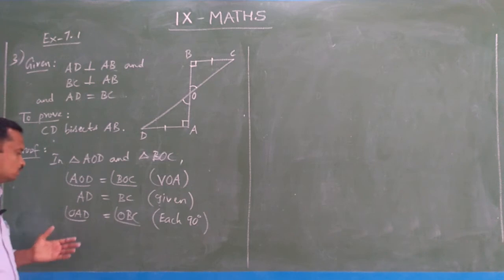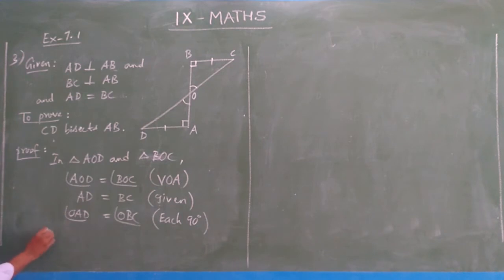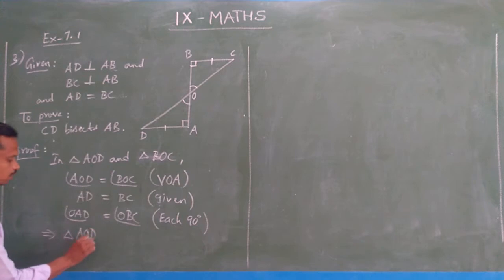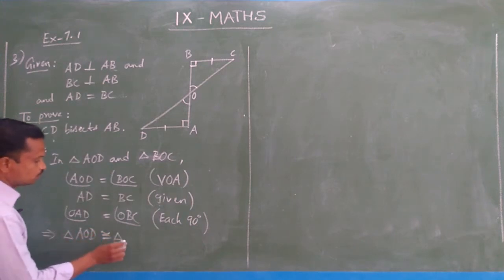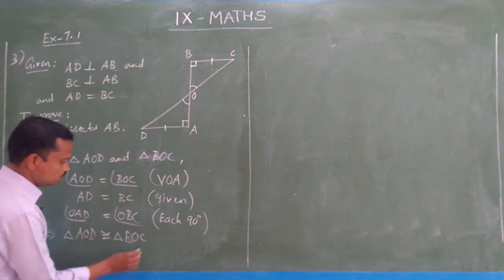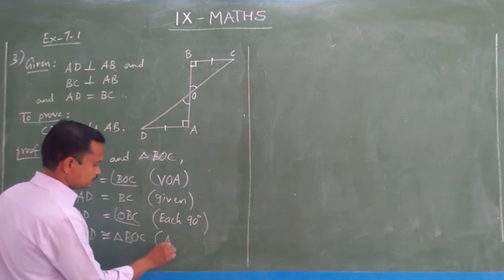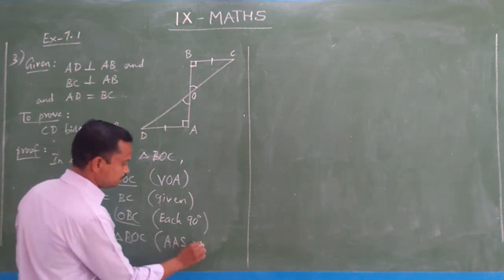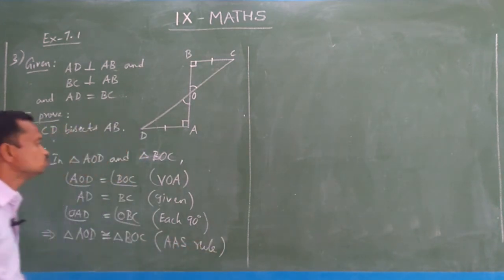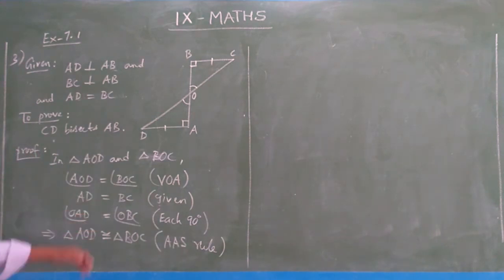So, ASA, this implies triangle AOD is congruent to triangle BOC by angle side rule. Two angles and any one pair of sides. Two pairs of angles and one pair of sides. AD, BC are not included between the two angles. So we can take this rule.